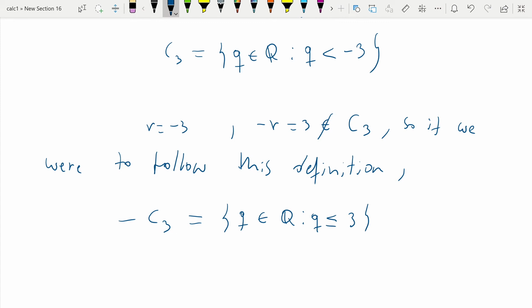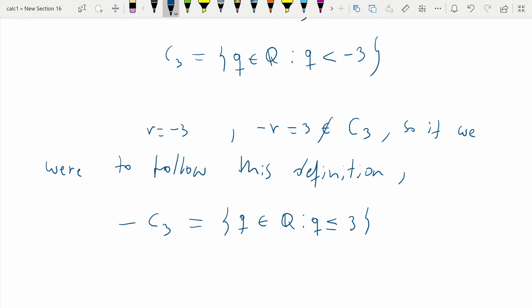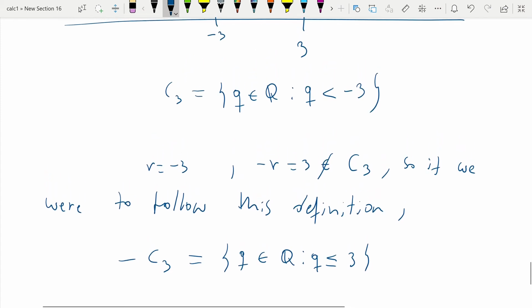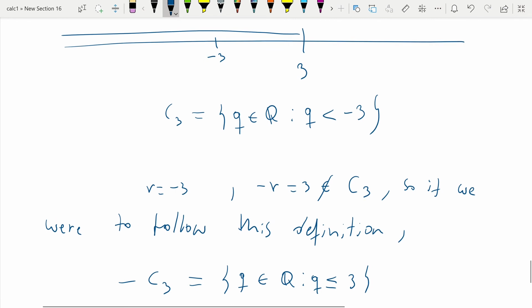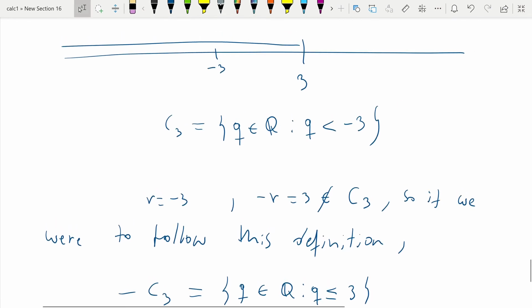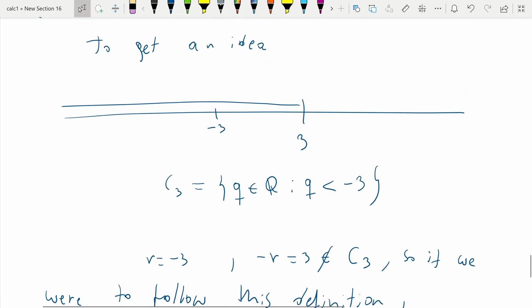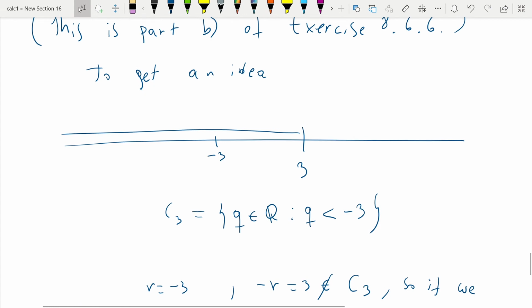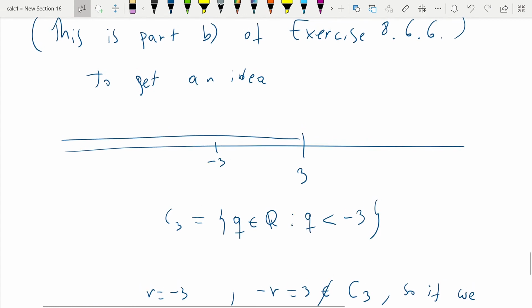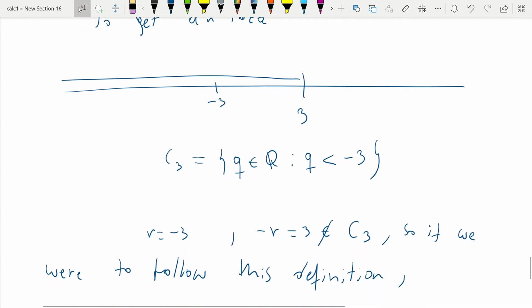So if we consider an interval of minus infinity, comma 3 with 3 included, then that will not be a cut because that will have a maximum. So we cannot allow that. That's the reason we need to be a little bit more careful when defining the additive inverse. This is part of the questions you need to answer for exercise 8.6.6.